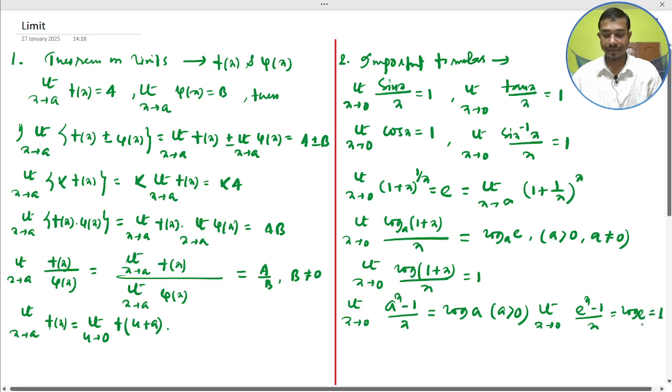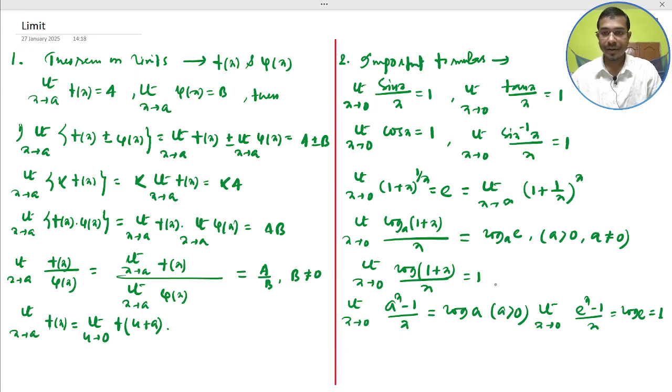Log e means 1. Next, the formula: limit x tends to a of (x to the power n minus a to the power n) divided by (x minus a), that would be n a to the power n minus 1.